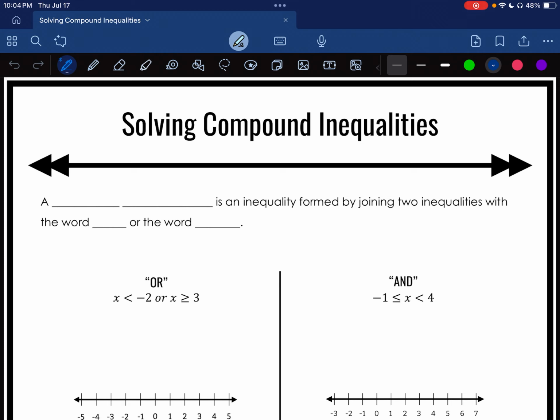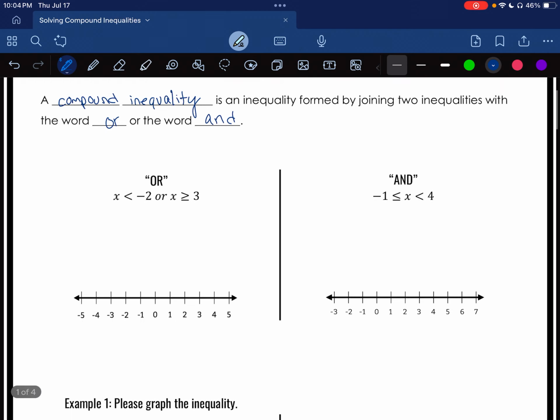So a compound inequality is an inequality that is formed by joining two inequalities with the word or the word and. All right, so here's what's what.